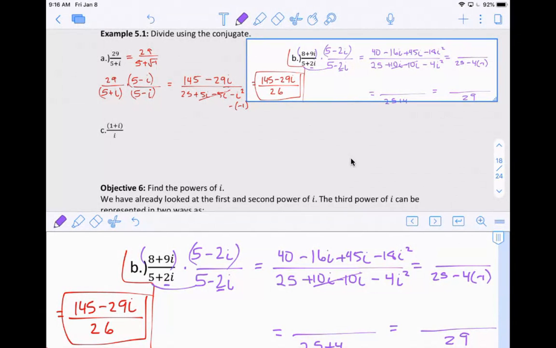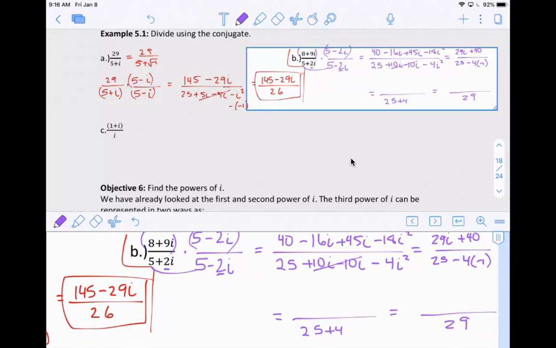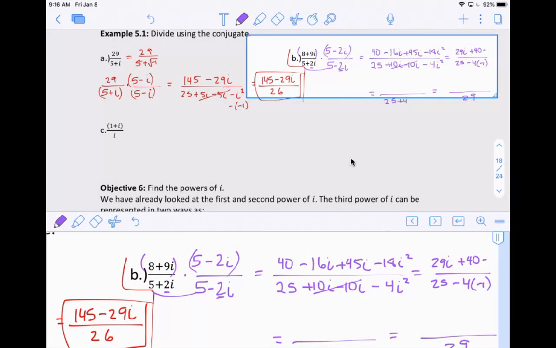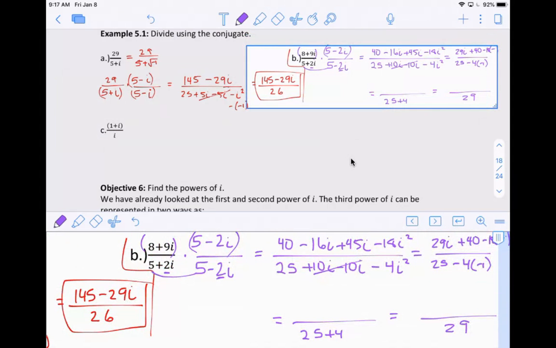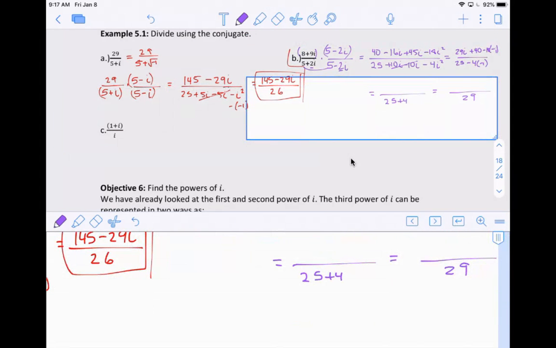Drop the 40. Well, we'll put it here. 29i. And then we've got that 40 and a minus 18 times negative 1, right? Okay, so what's going to happen there? We've got the 29i still chilling here, but we get plus 40 plus 18. In other words, 58 plus 29i.